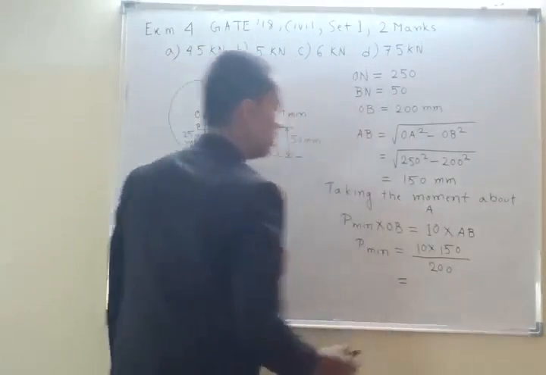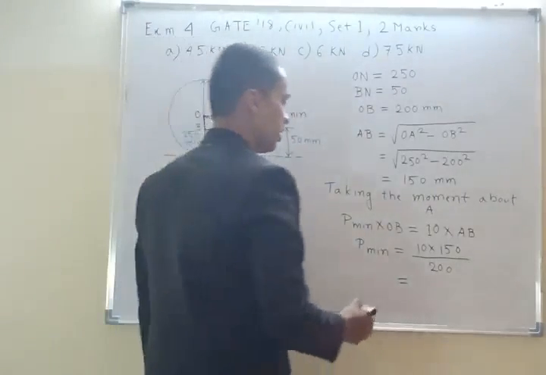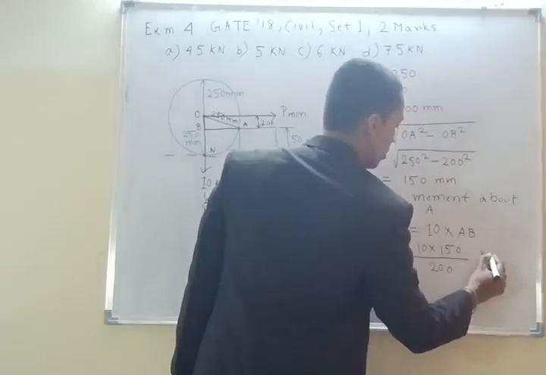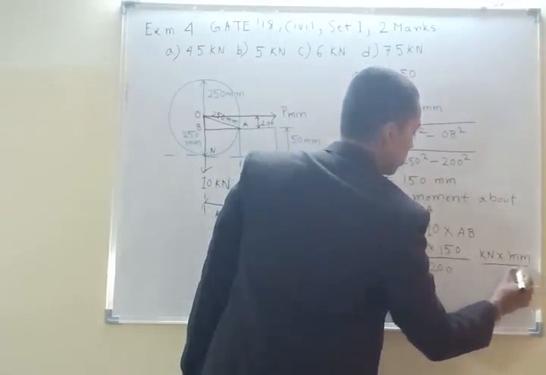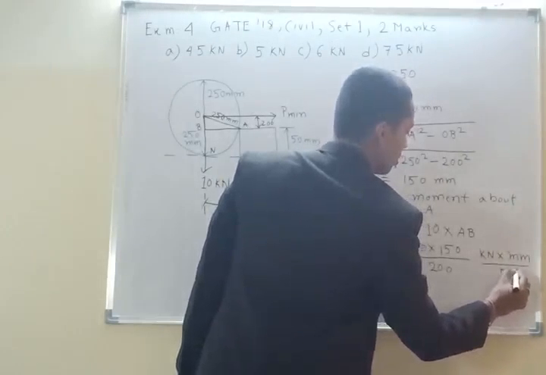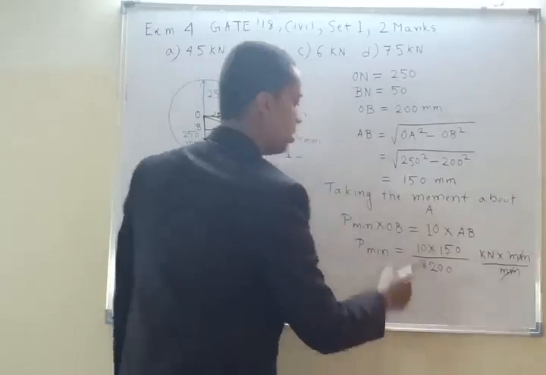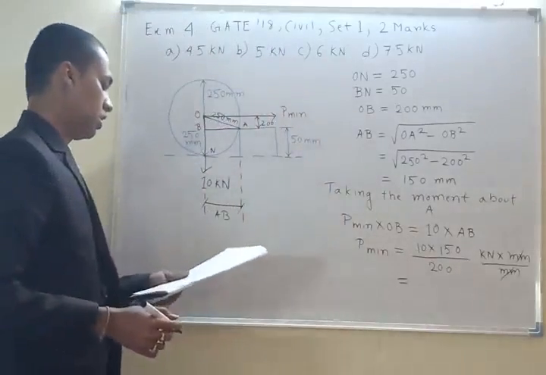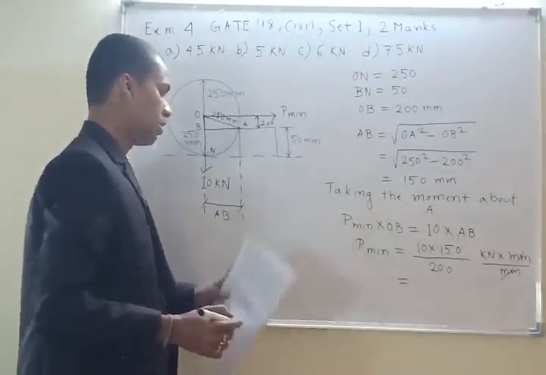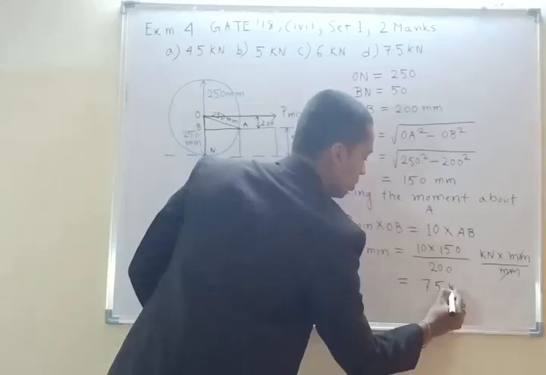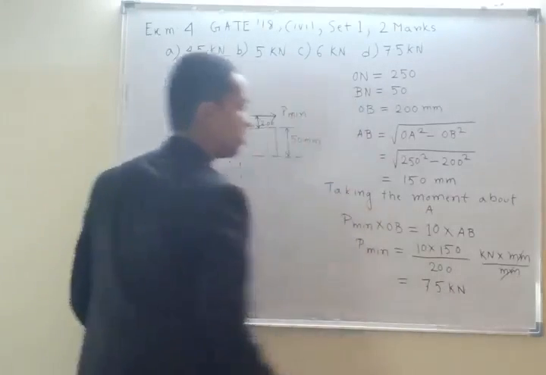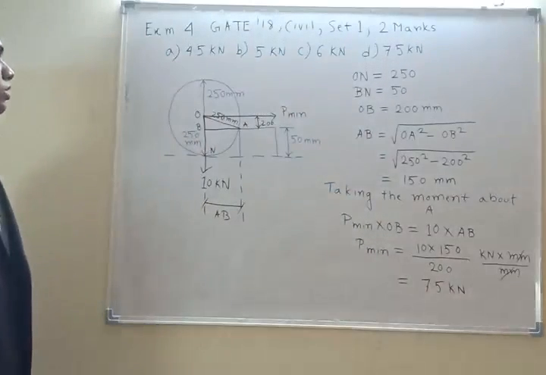The dimension is kilonewton into millimeter divided by millimeter, so millimeter cancels and only kilonewton is left. 10 into 150 divided by 200 is 7.5 kilonewton. So this is the answer.